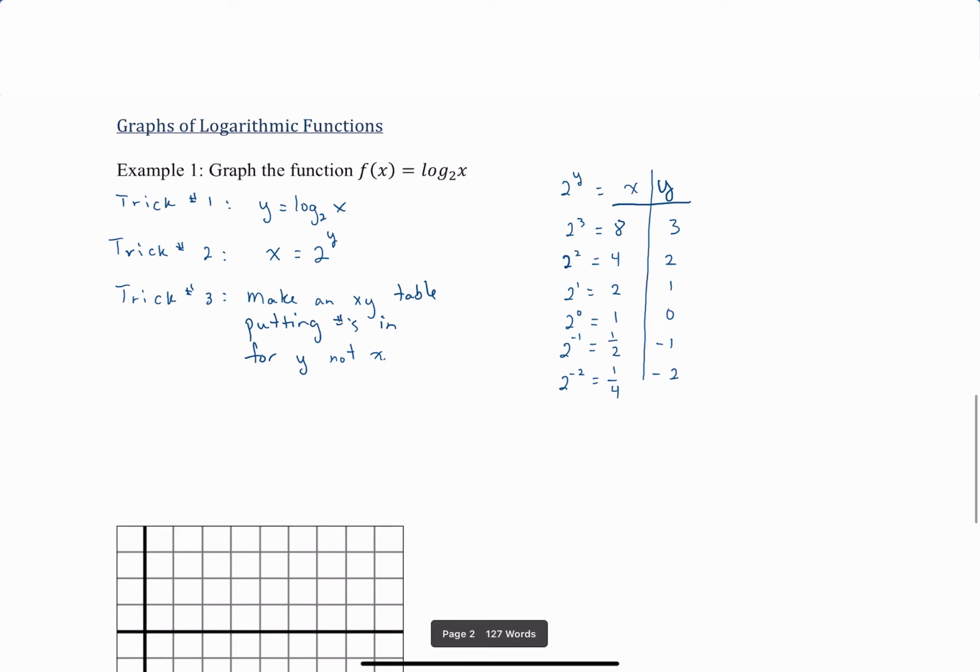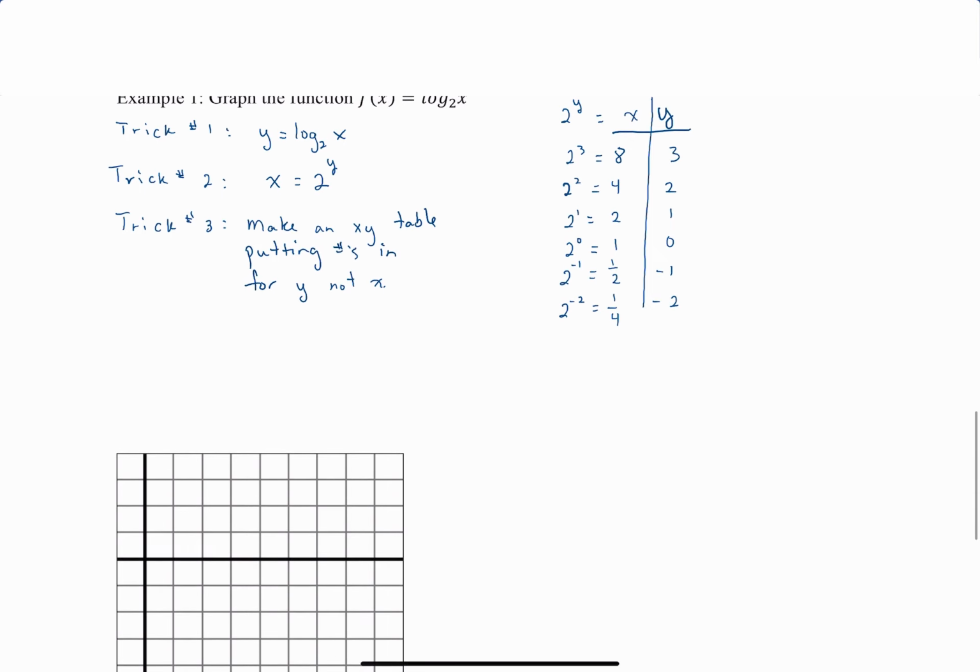So let's plot those. So I have the point 8, 3. Let's see, I need to put some coordinates in on here. We'll have each mark represent 1 unit. Like that.